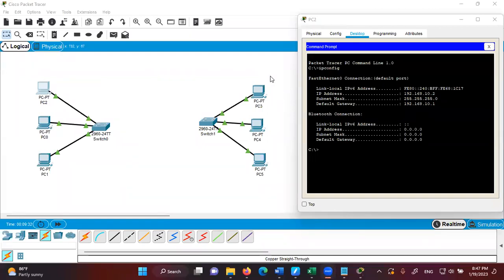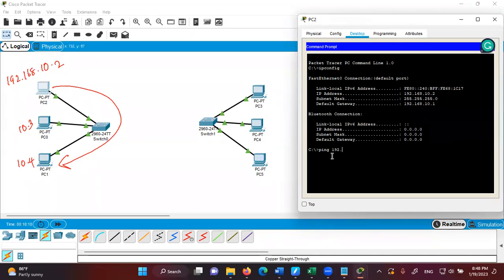And now I am going to try whether I can connect from this computer to this computer, right? This one is 192.168.10.2, this one 10.3, and this 10.4, right? So I go here and ping 192.168.10.4.